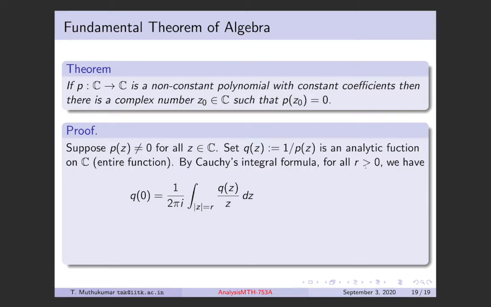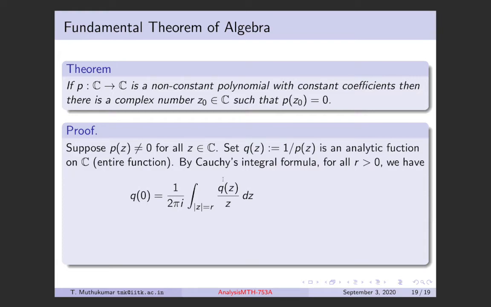So what does this mean? By Cauchy's integral formula, for all r positive, the value of q at 0... The closed contour that we take is the circle of radius r. I can fix any r, so I can do this for any r. So you take the circle of radius r, which means the origin is in the interior of that circle.